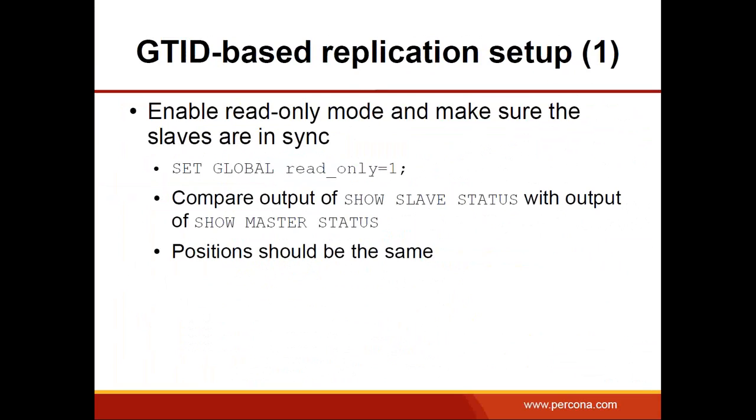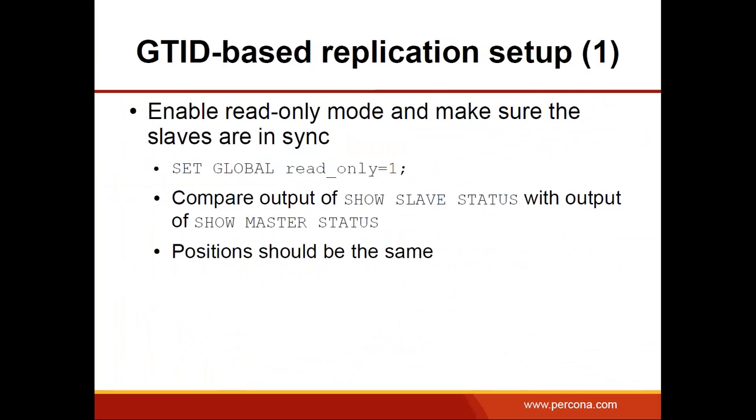Okay, good. How can you enable GTID-based replication? Let's say that you have a running system, so you're using standard replication, without GTID.